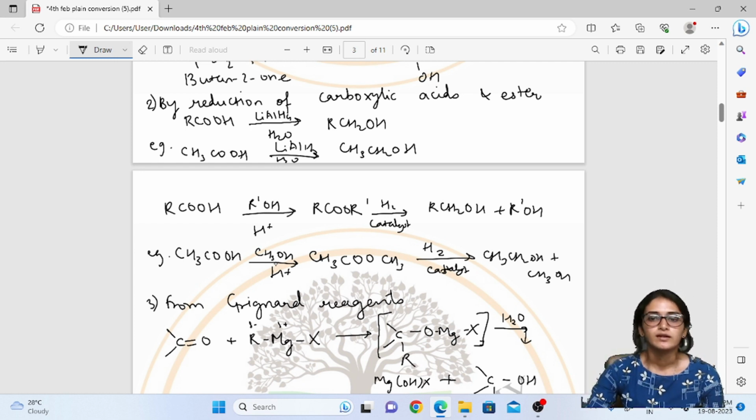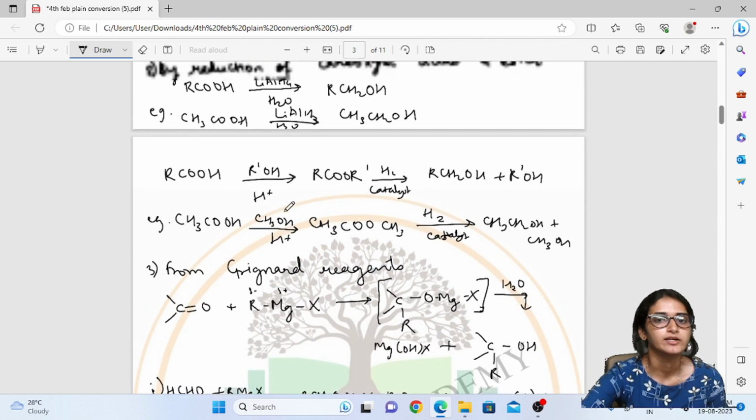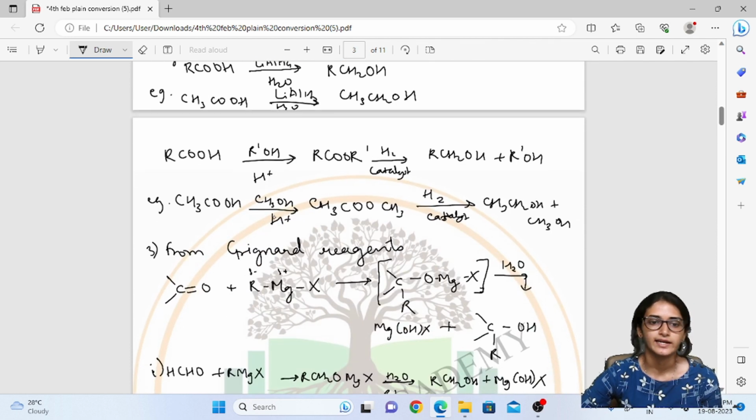So two alcohol molecules will be formed here. So this is the reaction by reduction of carboxylic acids, and the second one is esters. Now what will be the name of this? This is acetic acid or ethanoic acid.